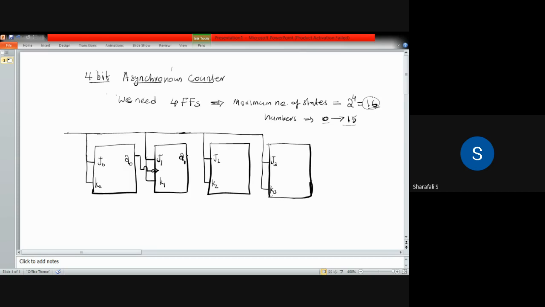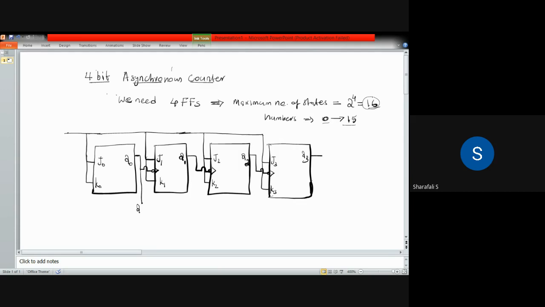This Q1 will act as the clock for the third flip-flop, and this is Q2, and that Q2 will be acting as clock for the last one, and we have this Q3 here, and the output of this circuit will be taken here.